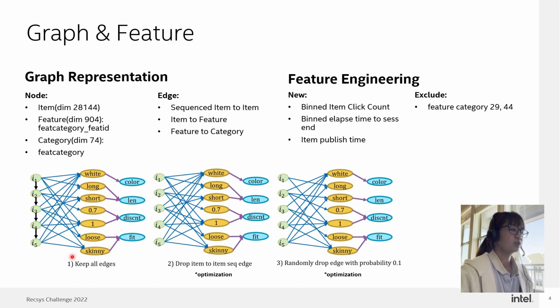Then we try to remove just the item sequence edges, because we already have the elapsed time, so we may not need the sequence. Then we also try a random drop of the edges with a probability of 0.1, which helps us fix the overfitting issue.